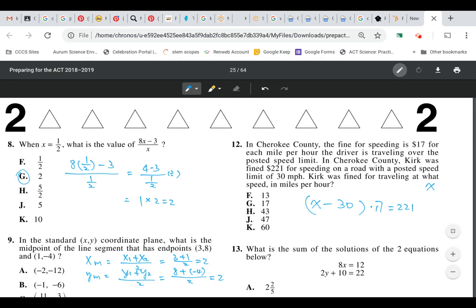Or what you can do is 221 is how much he's charged. Divide by 17. It is 13.